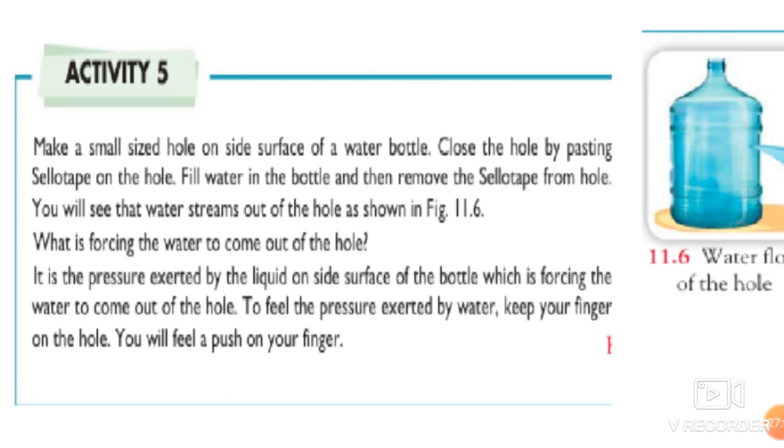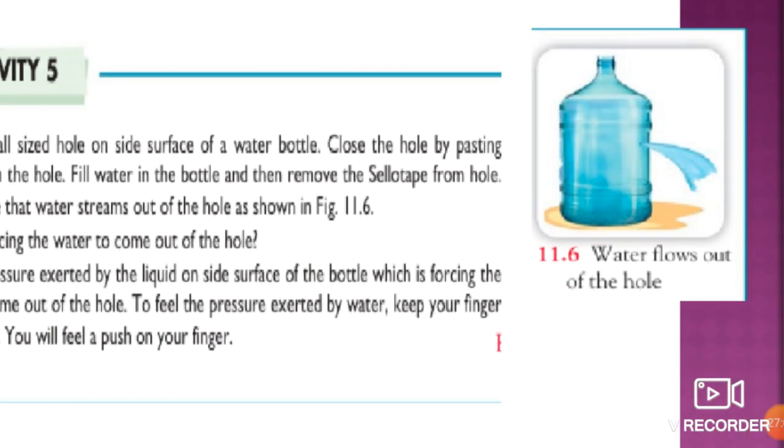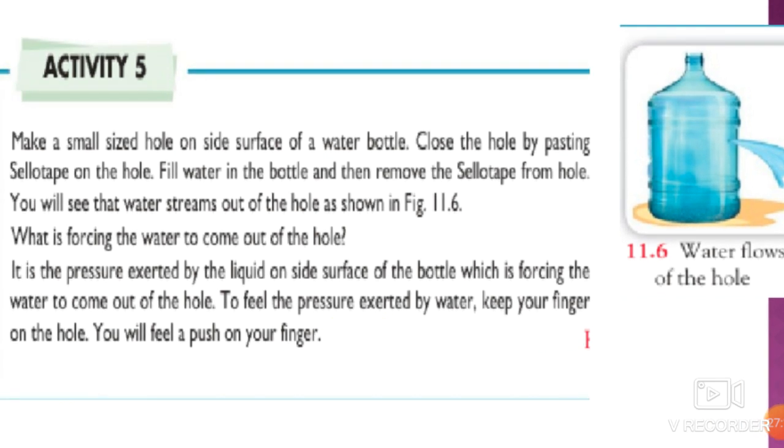Next one, see students, over here there is water and a bottle, or suppose a chamber-like structure. Take any bottle at your home and make a small hole on the side surface of the water bottle.